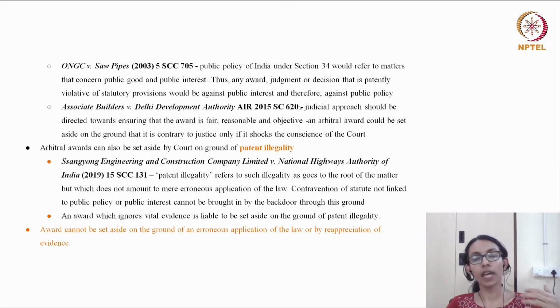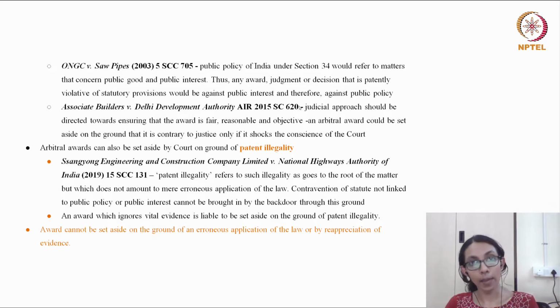Now, the Supreme Court and various high courts have laid down what can amount to patent illegality. So, to give you 2 examples, if perhaps the arbitral tribunal awards an interest on the damages and the interest that is so awarded is high and very exorbitant, then that would come within the ambit of a patent illegality.